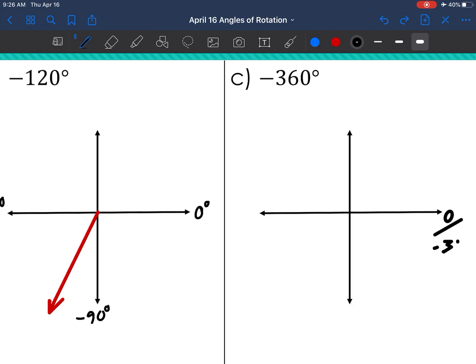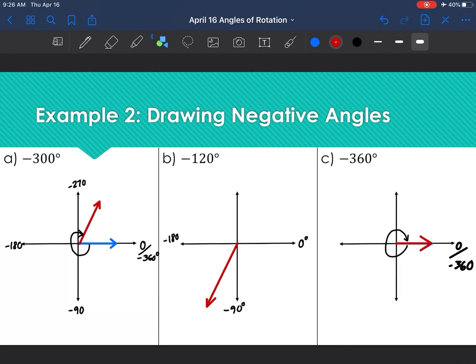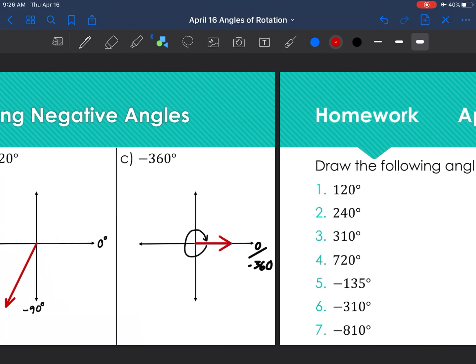So this is where you start, but then when you do a full rotation in this direction, you end up right where you started, which would be negative 360. So this is where it would be. All right, so that's it for drawing positive and negative angles. They're the same thing, just different directions.